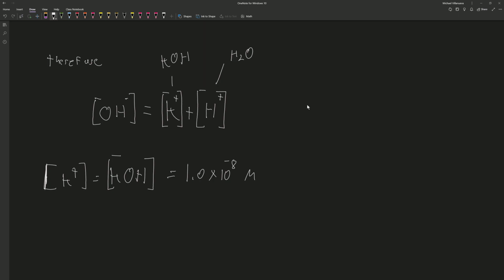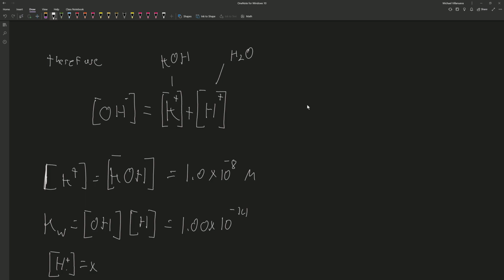We know that Kw is equal to [OH][H], which equals 1.0 times 10 to the negative 14th. And we could set [H] equal to x.